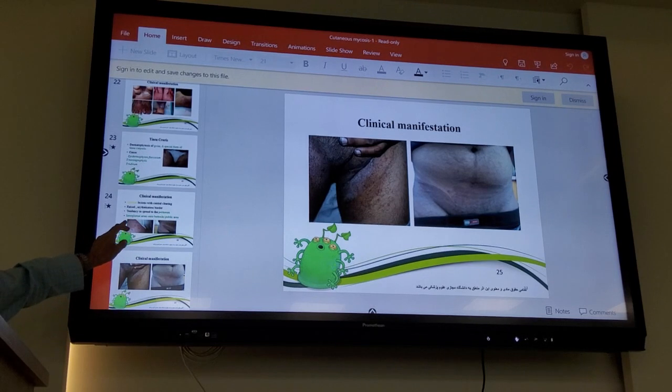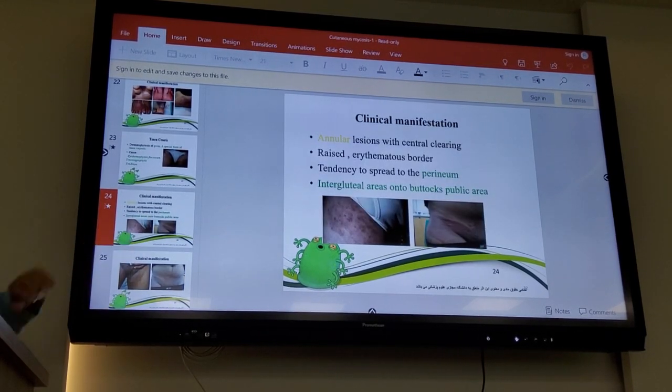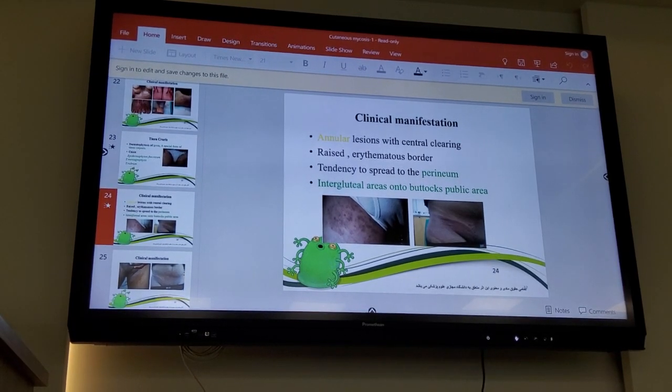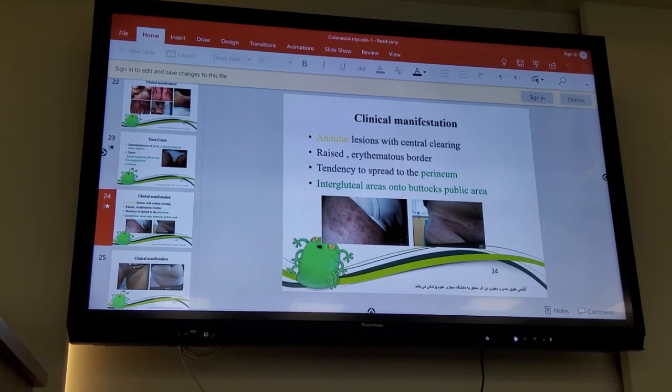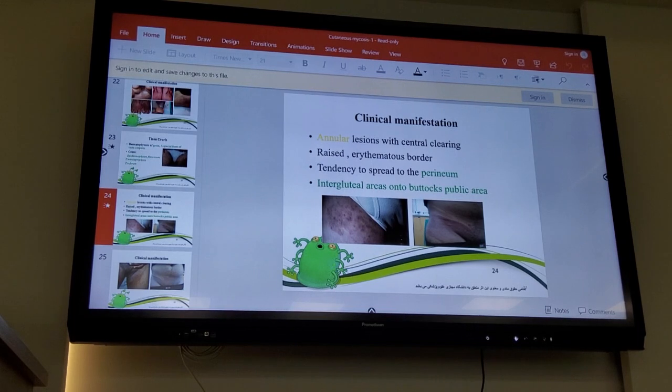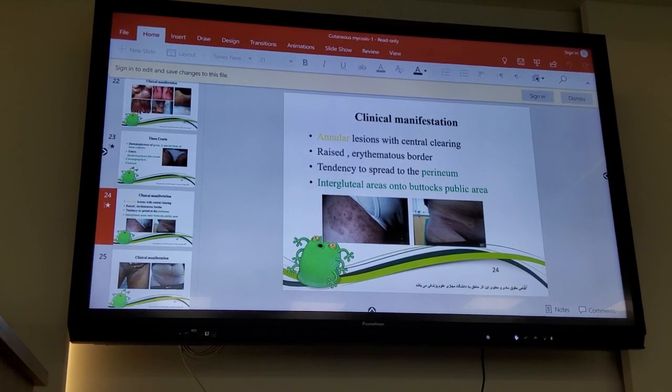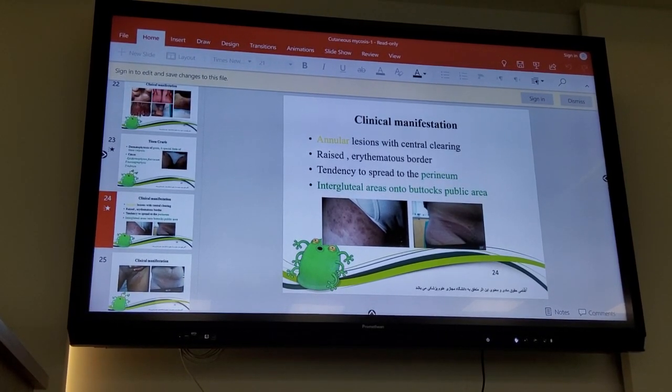Like the other dermatophytoses, you must refer the patient to the laboratory. In infections that involve skin, in tinea capitis, tinea pedis, tinea corporis, tinea cruris, we must prepare the sample.